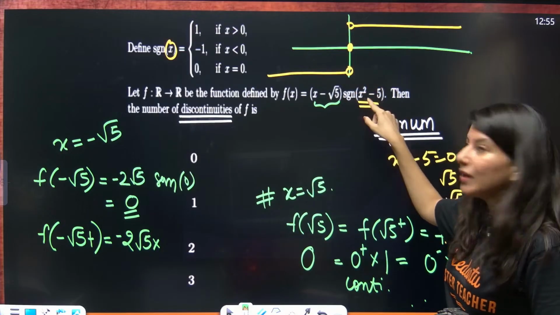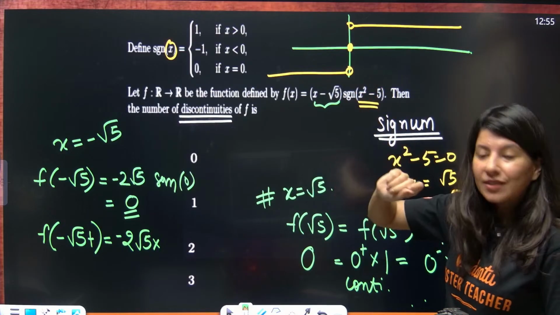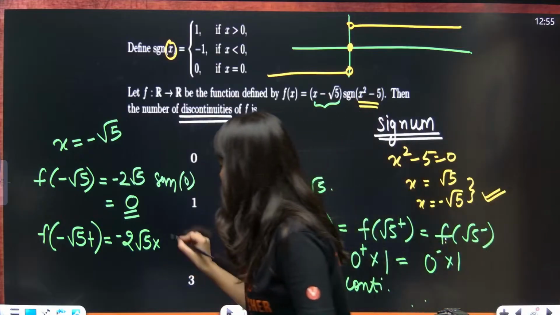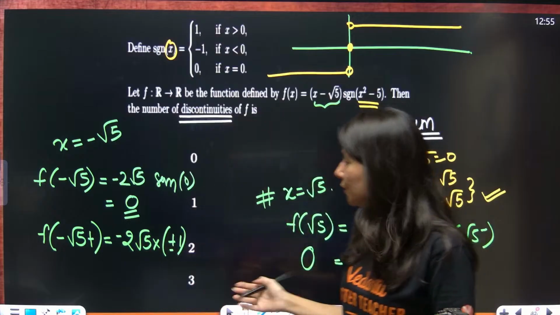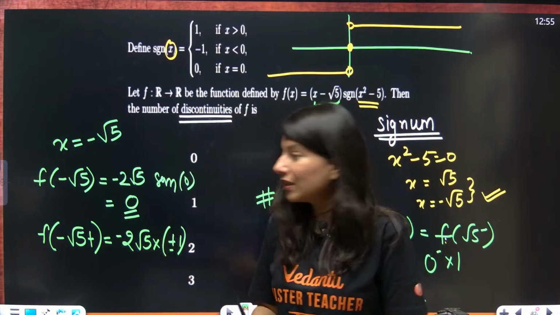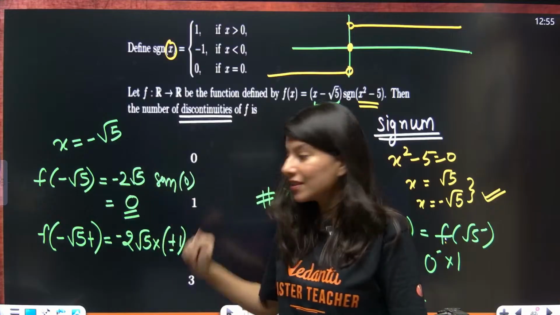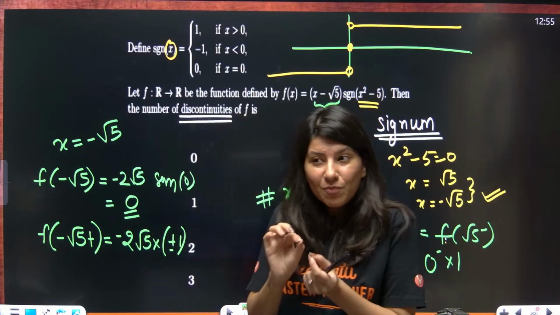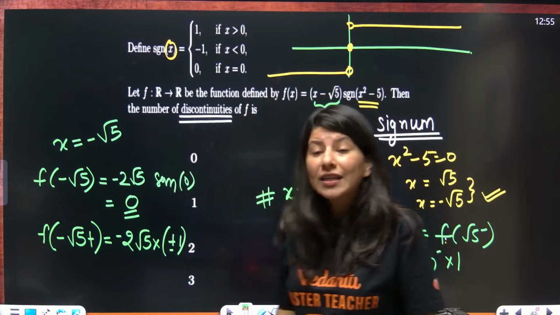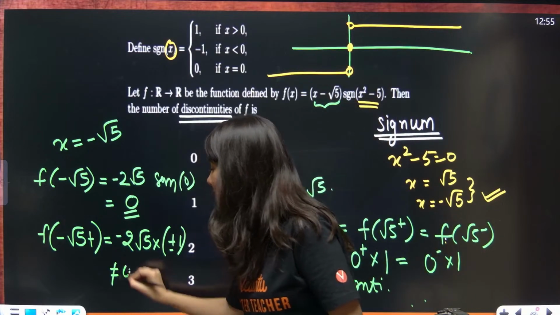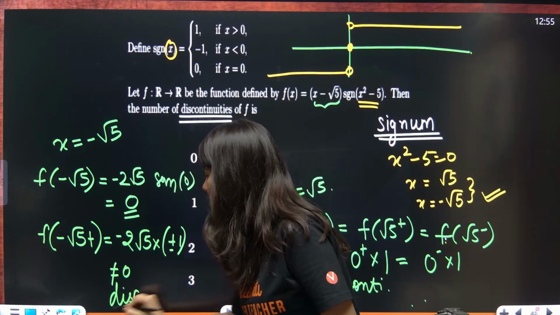It will either be +1 or -1, depending upon what you are putting. Anyway, we don't have to know the exact value. f of minus root 5 is coming out as 0 and f of minus root 5 plus something or minus something is not giving me 0. What does that mean? Discontinuous at this point.